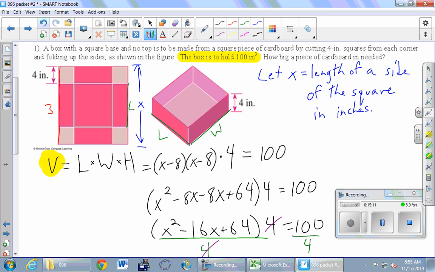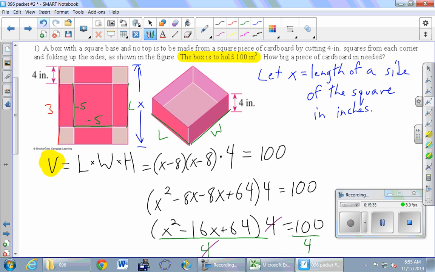Does it mean we made a mistake? No. Let's follow this to its illogical conclusion. Suppose you do subtract 4 and subtract 4. What do you get? Negative 5, yes? So that means that this, even though it makes no sense, is negative 5, which means this guy also is negative 5, which means your dimensions are negative 5 by negative 5 by 4.